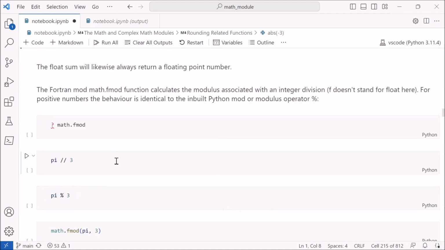So different programming languages have different implementations of the mod operator, and Fortran and C have a different implementation to the one that's inbuilt into Python. So there's a math.fortran mod function that computes the mod the same way that Fortran does.